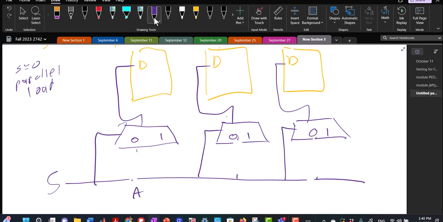So A, B, C, they all load at once. That's parallel.